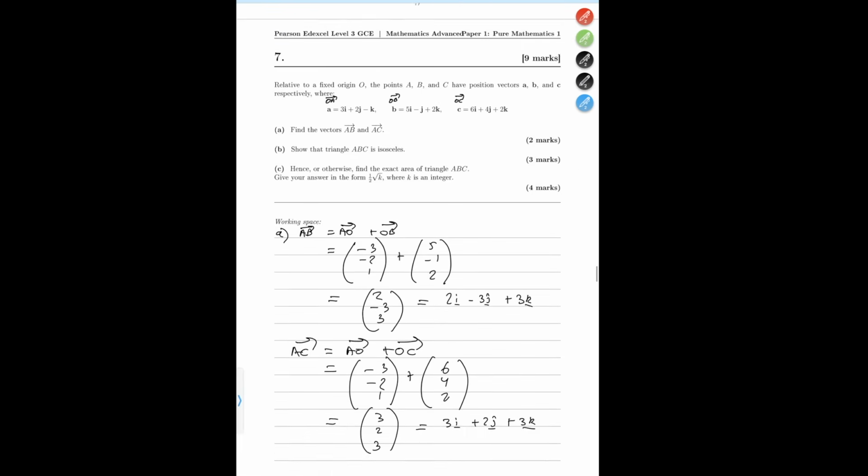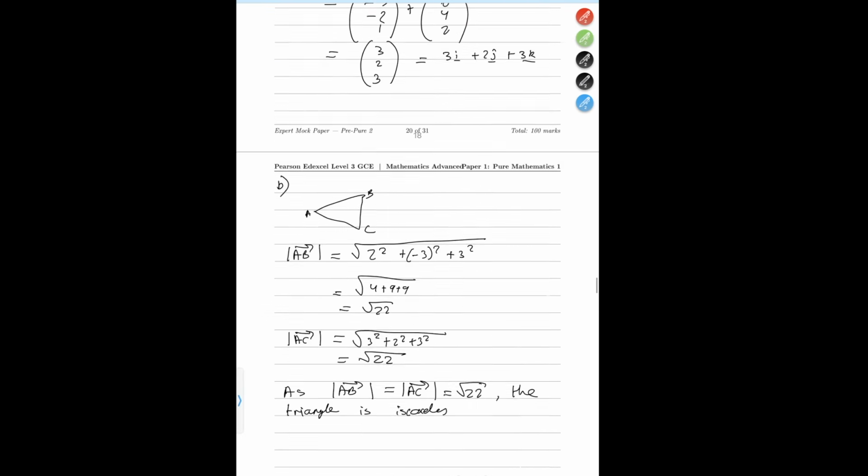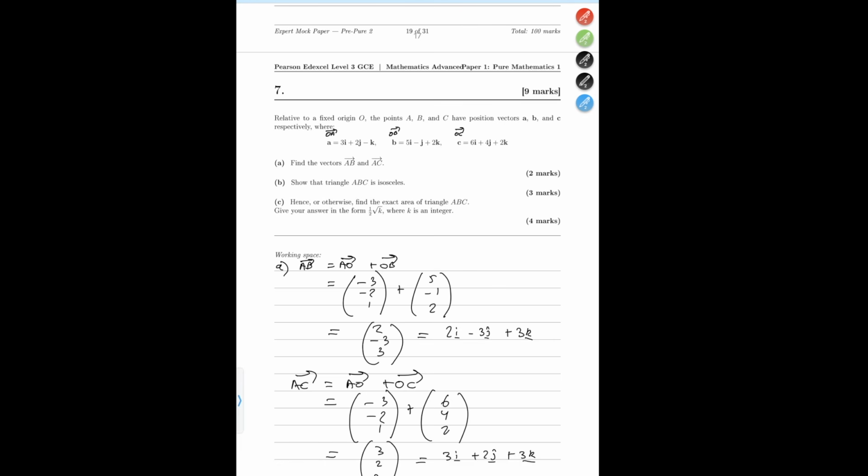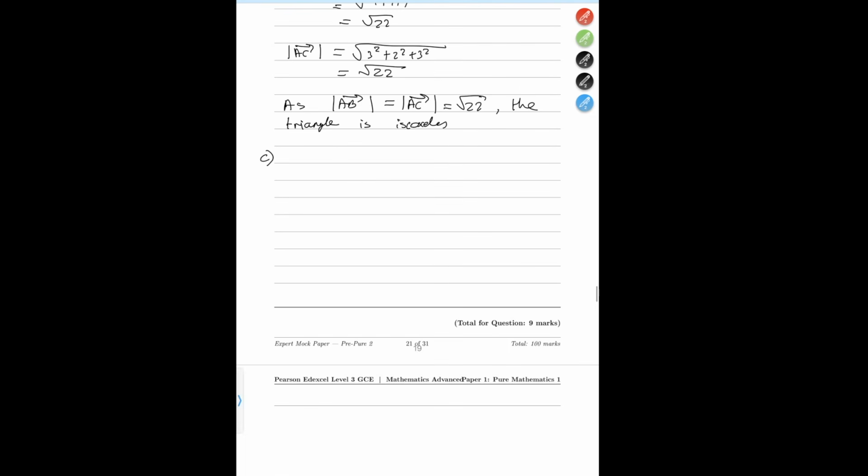And now, let's work on part C. They want us to find the exact area of the triangle ABC, giving the answer in the form of half root K. So let's draw our triangle out something like this. Draw the triangle ABC, root 22, root 22, and we can label this angle theta here.